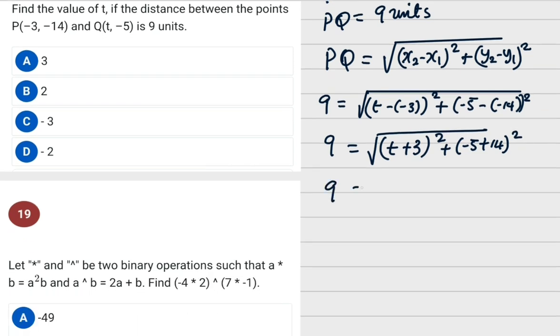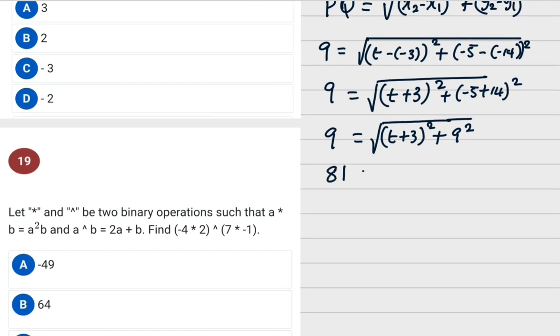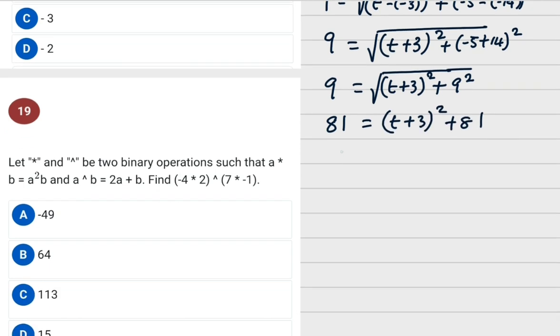So here I have 9 is equal to the root of (t + 3) all squared, then this will be 9, so plus 9 squared. Now if you square both sides, this is going to be 81 equals (t + 3) all squared, then plus 81. Okay, and this should be (t + 3) all squared equals 0.